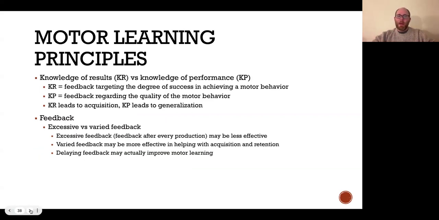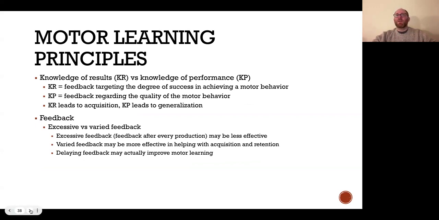As far as feedback principles go, we're looking at knowledge of results, or KR, versus knowledge of performance, or KP. Result feedback, or result knowledge, excuse me, is giving the feedback targeting the degree of success in achieving a motor speech disorder.